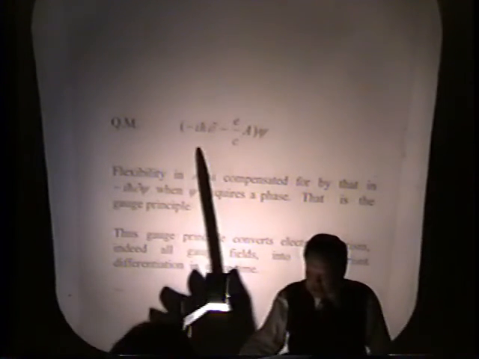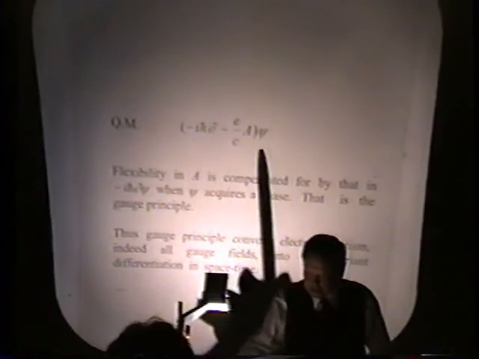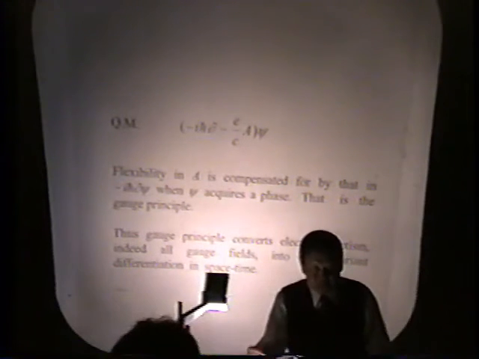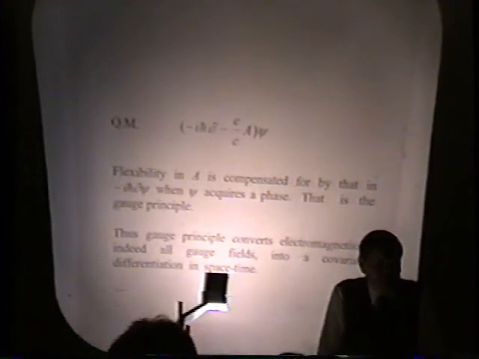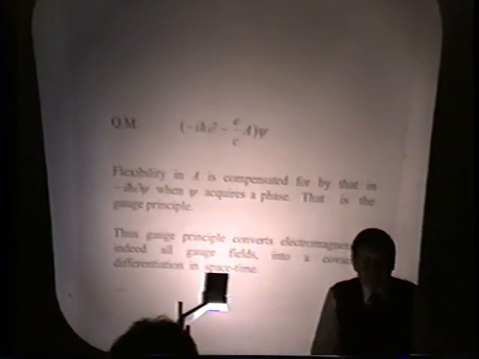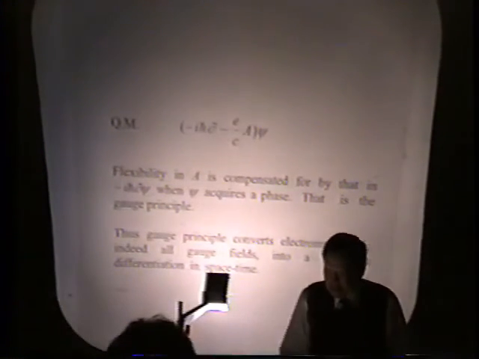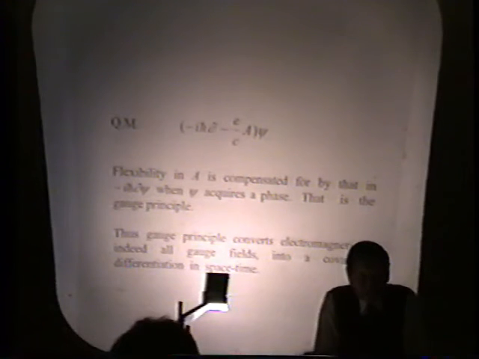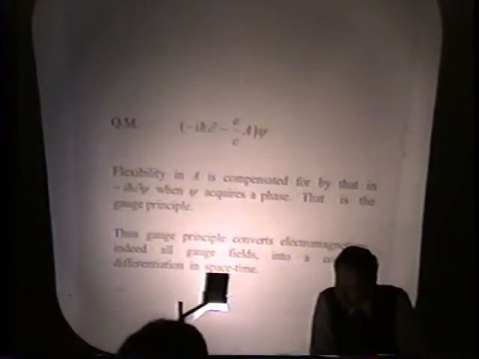Well, the answer is that the gradient operator operating on something with a phase would create something which absorbs that flexibility. So this is now the way that the connection physically enters into field theory.